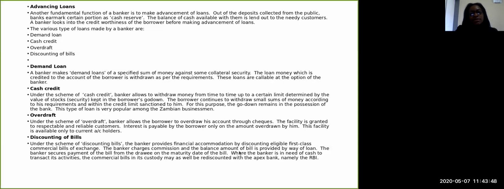The banker secures payment of the bill from the drawee on the maturity date of the bill, where the banker is in need of cash to transact its activities. The commercial bills in its custody may as well be rediscounted with the Apex Bank.